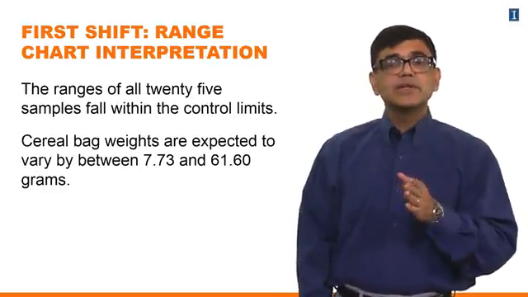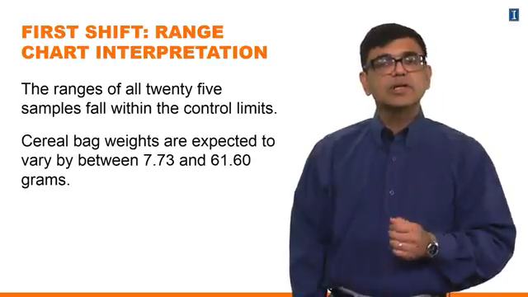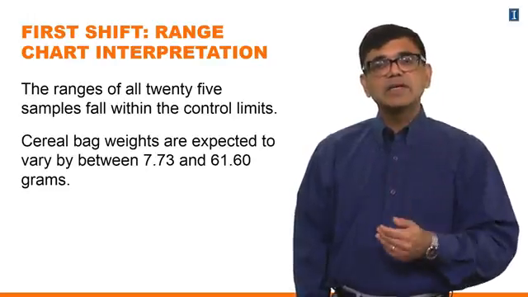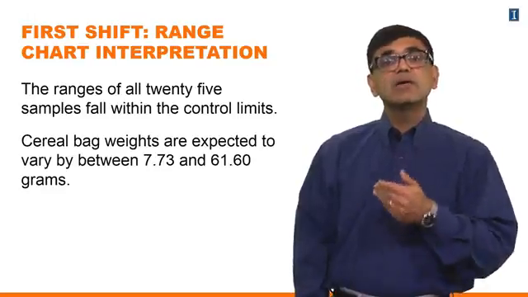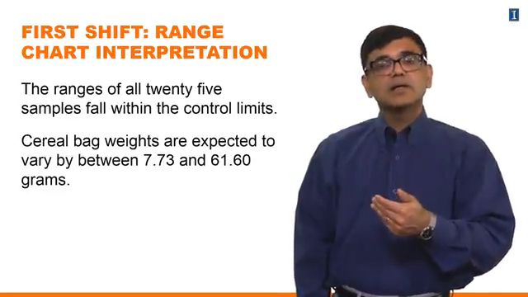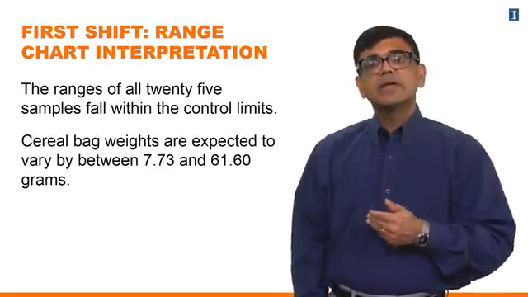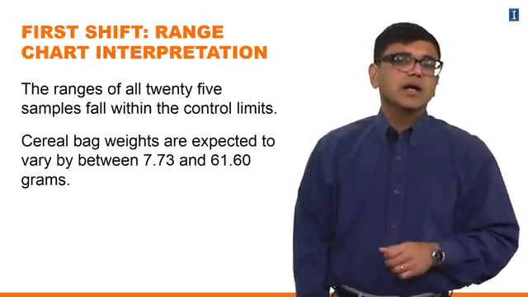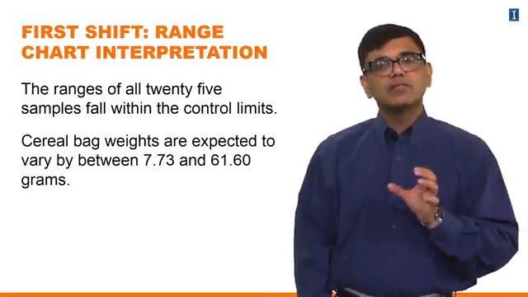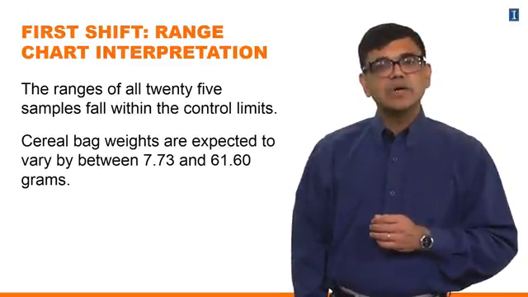If this process keeps working as it is right now, and everything stays in statistical control, you can expect variation between 7.73 and 61.6 grams from this process. And that seems to be a little bit high when you're aiming for a 500-gram bag, and it can be varying by this much.